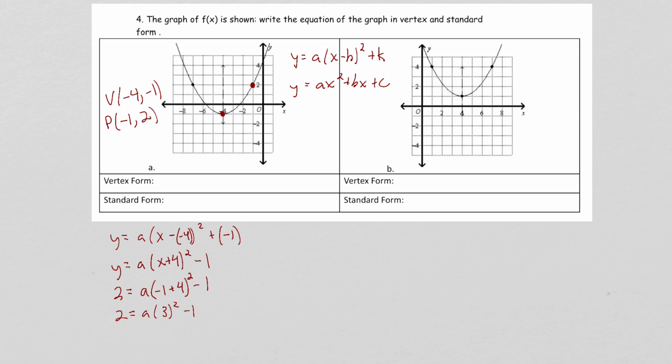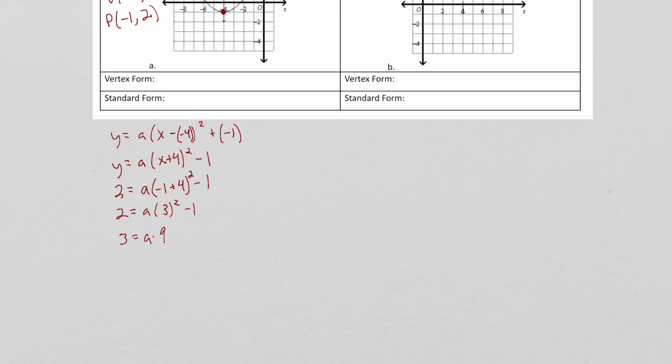I am going to add the 1 to both sides. That gives me 3 equals a times 9 after I square that piece. And then from there, I divide by 9 on both sides, and I get a is equal to 3 over 9, which gives me a equal to 1/3.